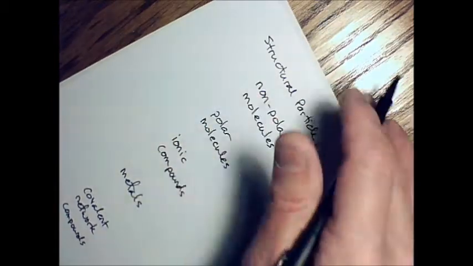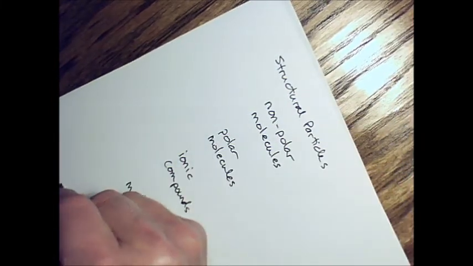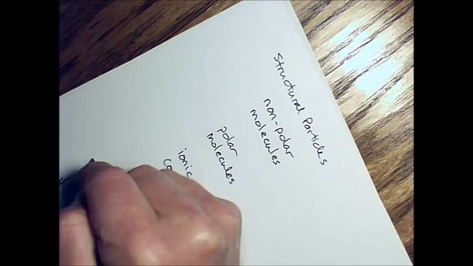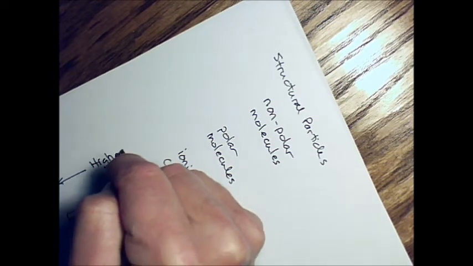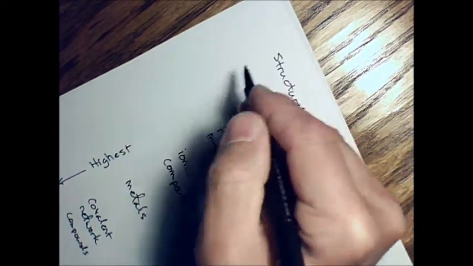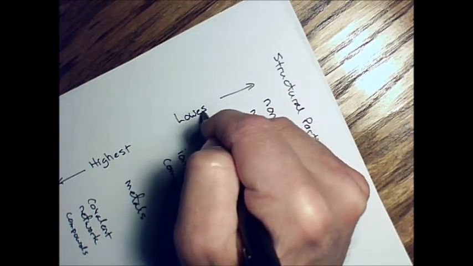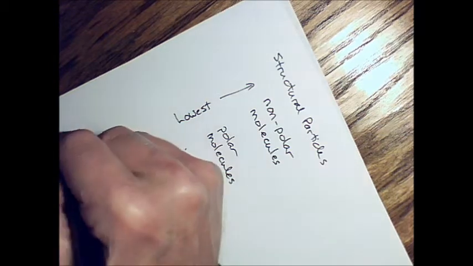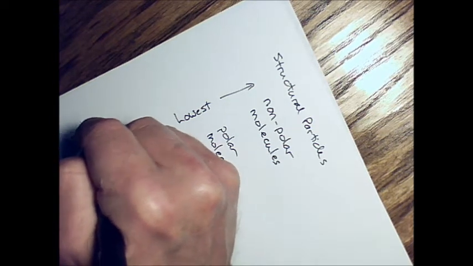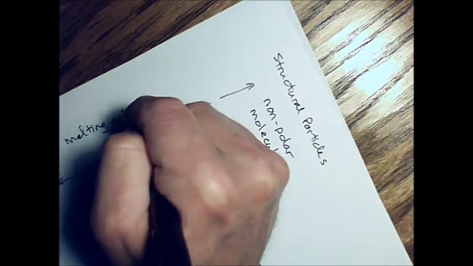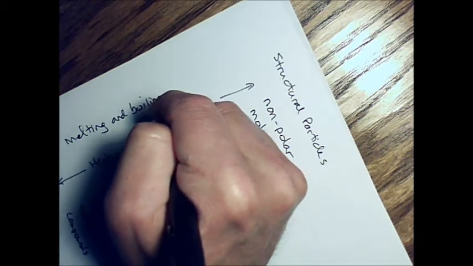So basically, down here you have the highest melting and boiling point substances, and up here you have the lowest melting and boiling point substances. So this is melting and boiling temperature.